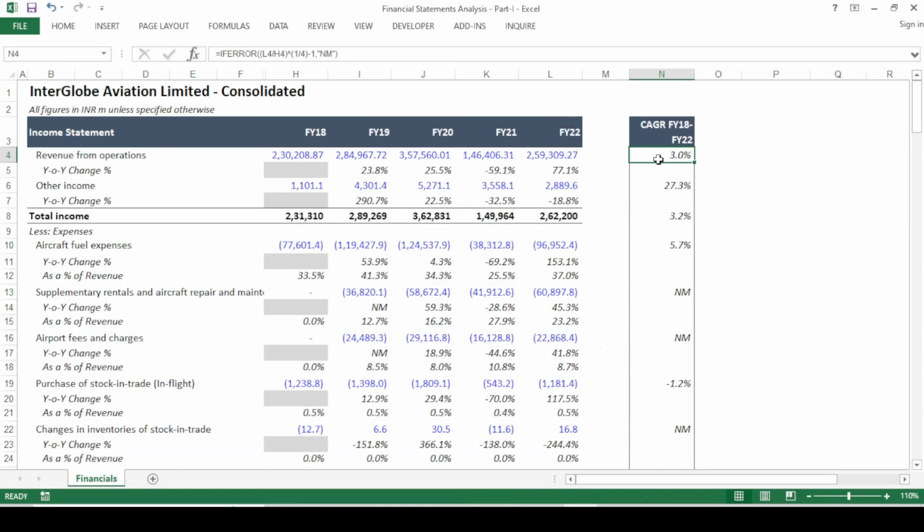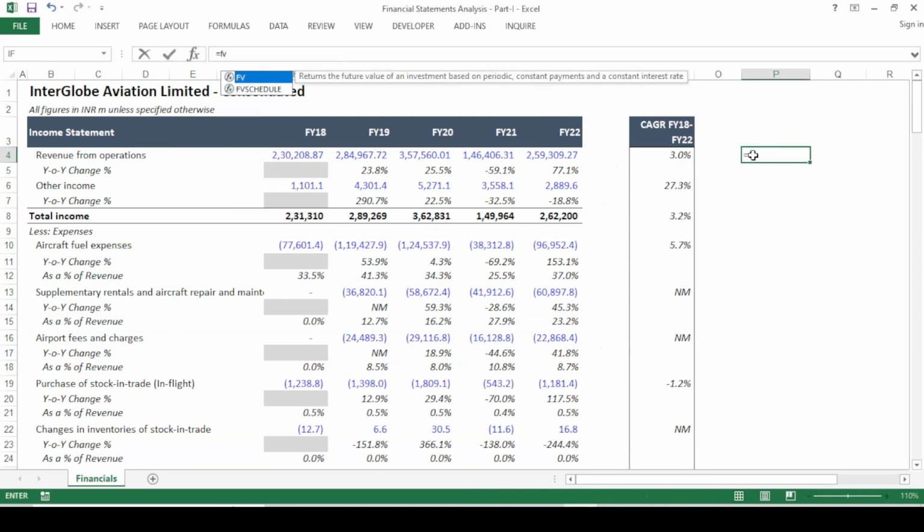So this is 3%. If I calculate the future value by using the FV function in Excel, and I say the rate is 3%, I'll link it here. The number of periods is going to be 22 minus 18, that is 4. Then for the payment, I'm going to put a 0.